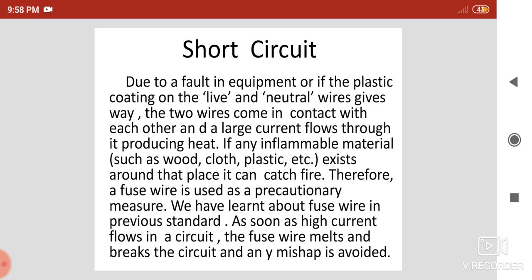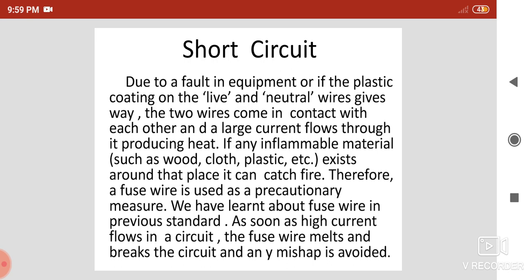When a large amount of current passes, a large amount of heat is produced, and in case any inflammable material like wood, cloth or plastic is nearby, that heat is taken up by it, and then it catches fire.